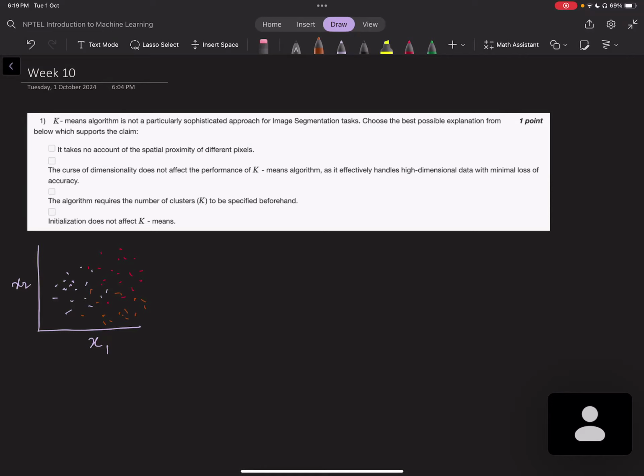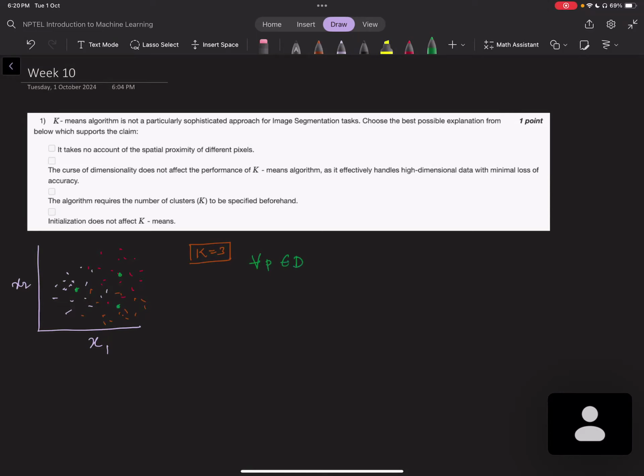The way k-means clustering works is that you fix a k equals 3. That means you are interested in finding 3 clusters out of this data, and it will first randomly pick 3 points to be the means or the centers of the clusters.